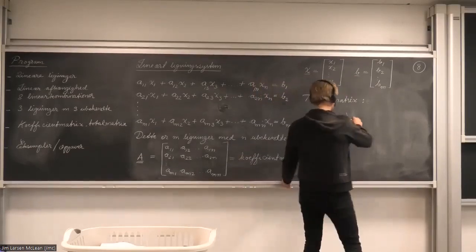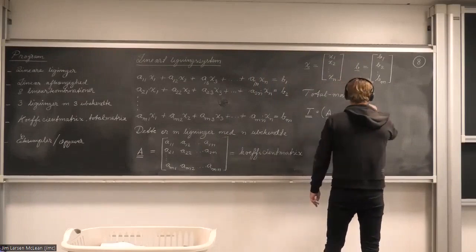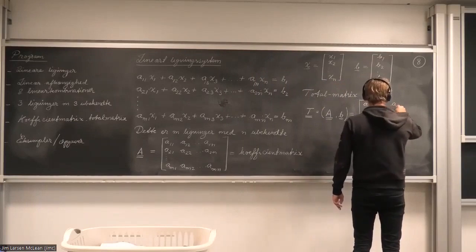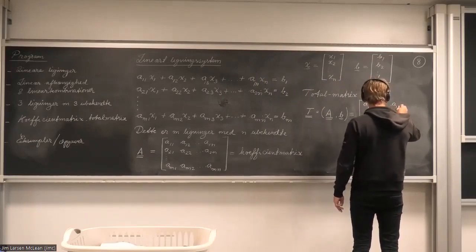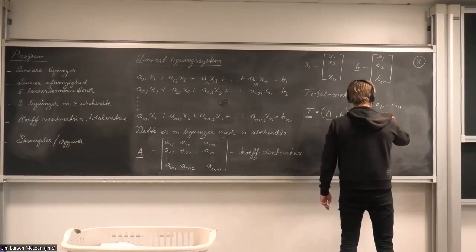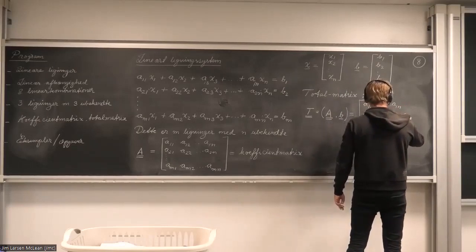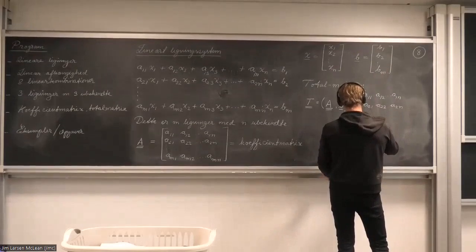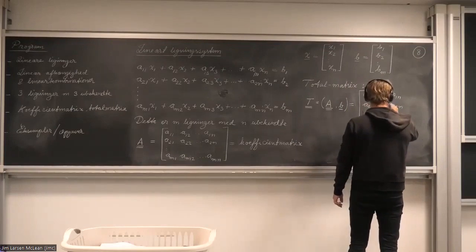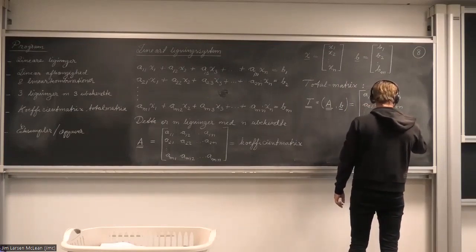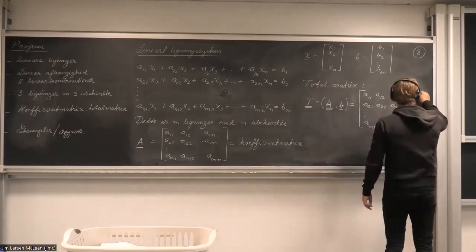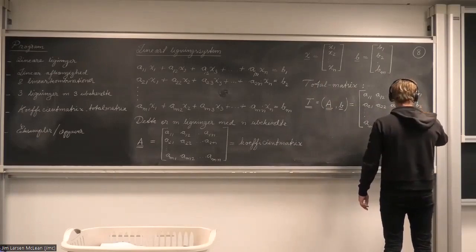Here you get a matrix that looks like this: a11, a12, up to a1n, then a21, a22, up to a2n, down to am1, am2, and so on, with some dots. And then you draw this dotted line, and out here you write b1, b2, and all the way down to bm.